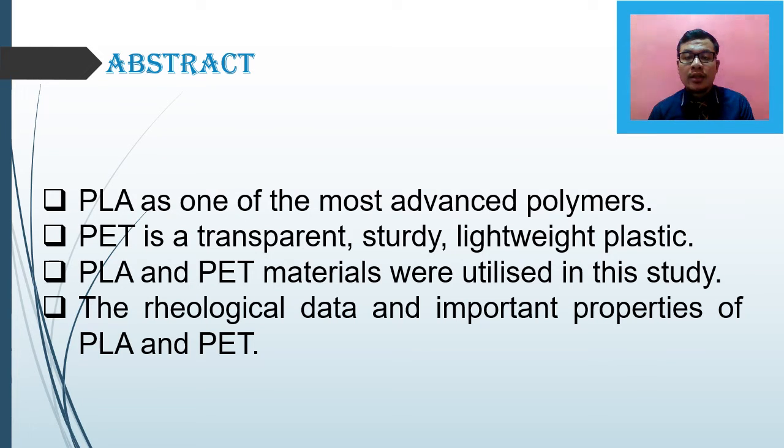PLA and PET materials were utilized in this study to evaluate the flow behavior of simulated products using MOLDEX3D software, which may be used as a reference for co-injection molding process parameters. The rheological data and important properties of PLA and PET co-injection molding may be obtained from the software material database to build a machine for fluid flow analysis.